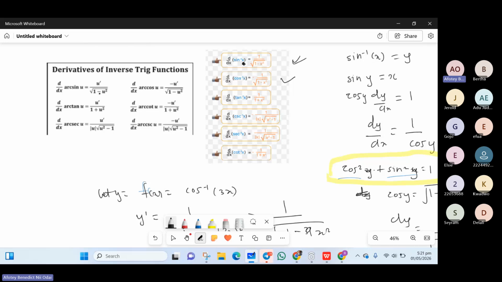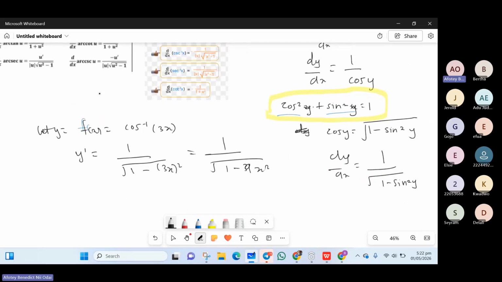So you have to be careful when you are using some trig formulas, right? With respect to u, you see that we have the same thing, but also the differential of the u. So once we do this, we have to find a differential of the inner function. It's like we are doing composite functions. You find the differential of the outer function, then you multiply by the differential of the inner function, and you get 3. Your final answer becomes 3 on the square root of 1 minus 9x squared.